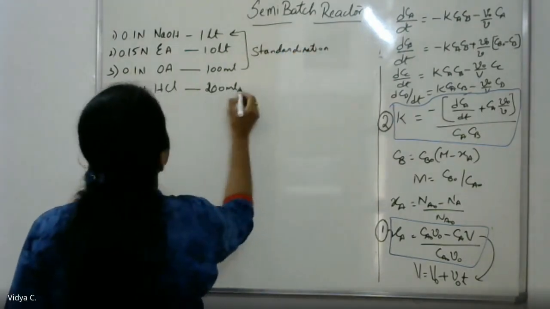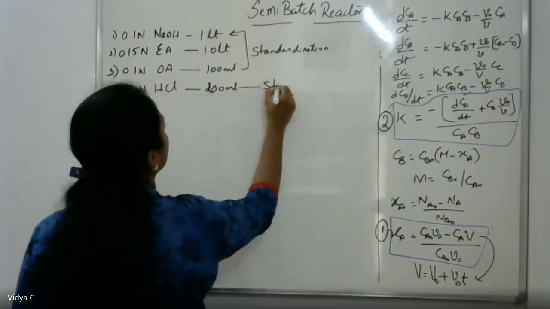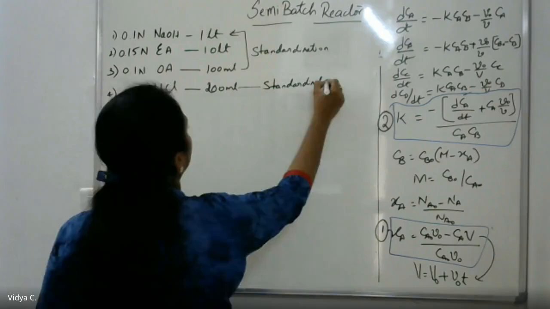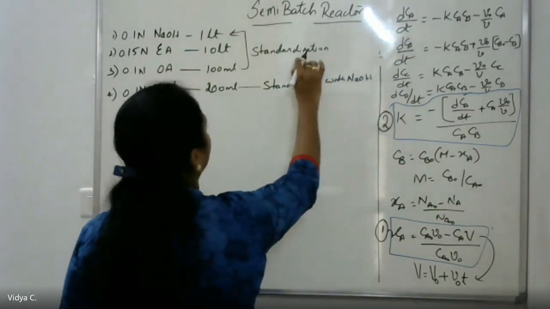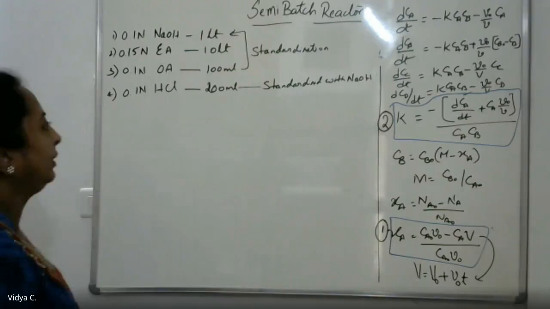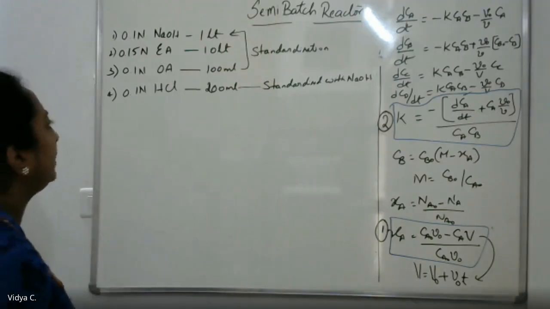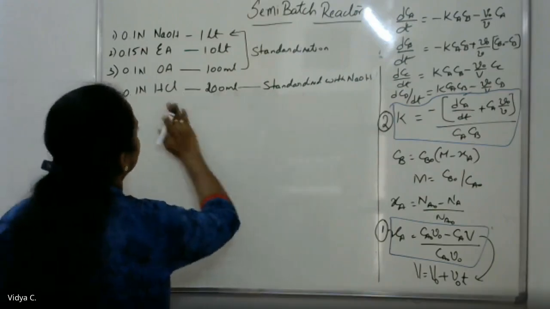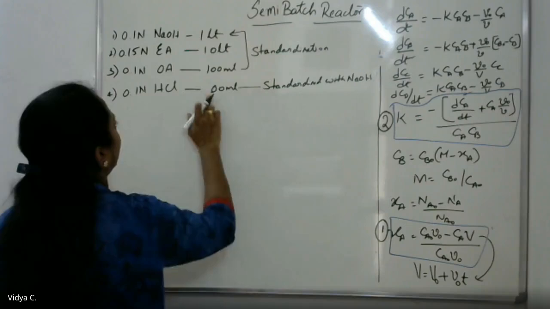And this HCl will be standardized with NaOH, after getting the value here. Okay, so these are the reactants required, and now we are ready with the experiment. After standardization of 0.1 normal HCl, no, not 200 ml, you may need more.